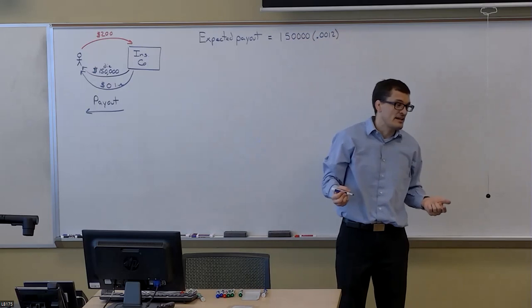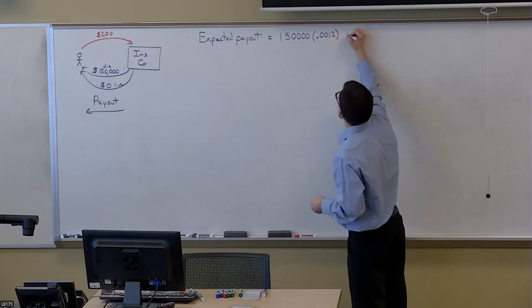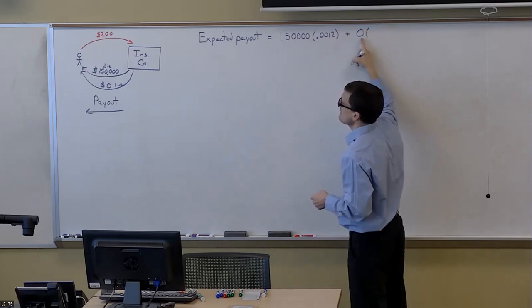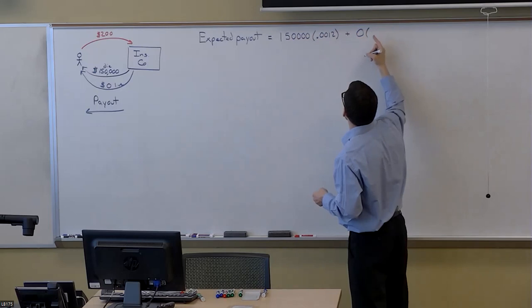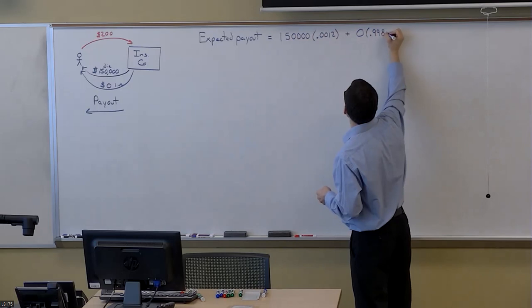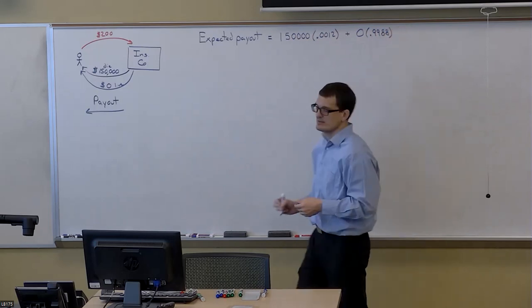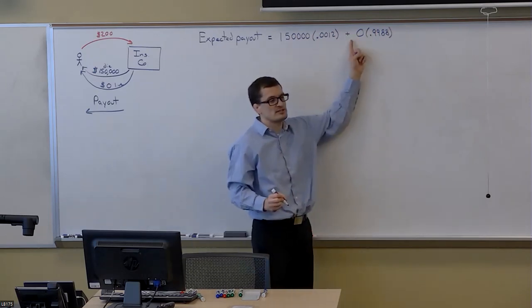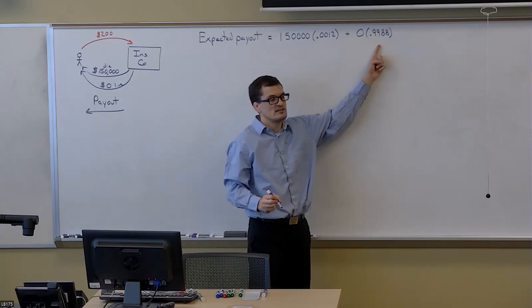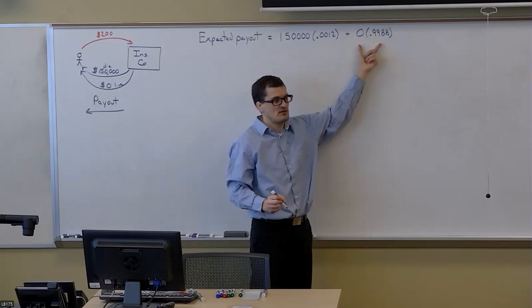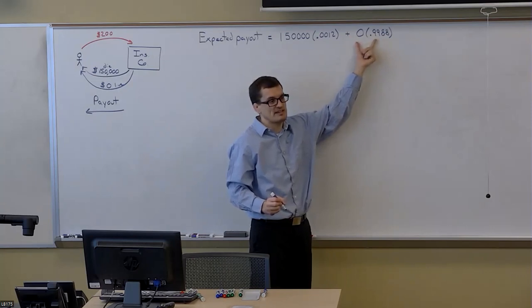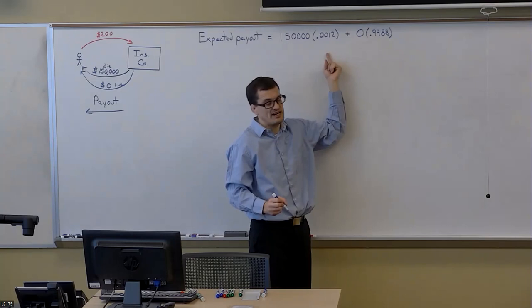Now, technically, you should also multiply the payout of 0 times the chance that the person lives as well. But what's going to happen when you multiply 0 times anything? It's going to be 0. Does that make sense? So this is not going to be impacting my total expected payout.